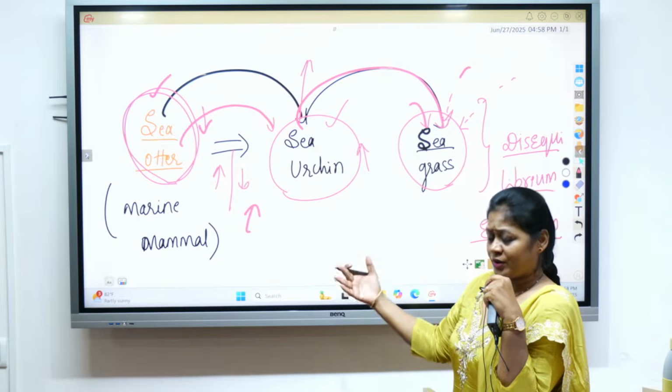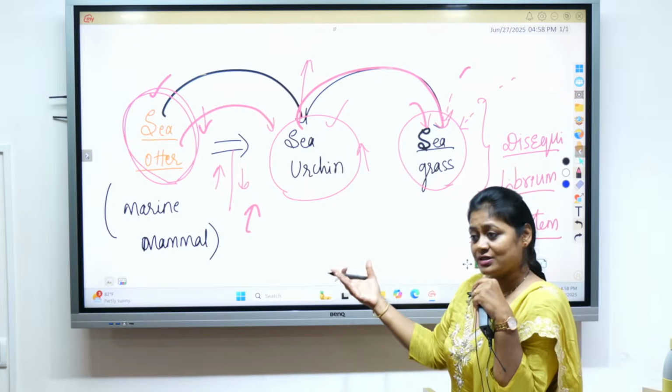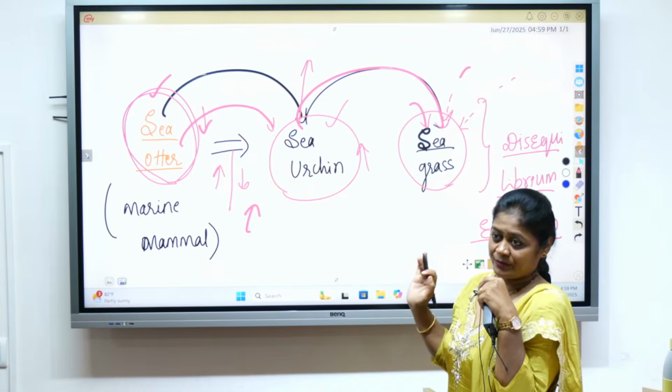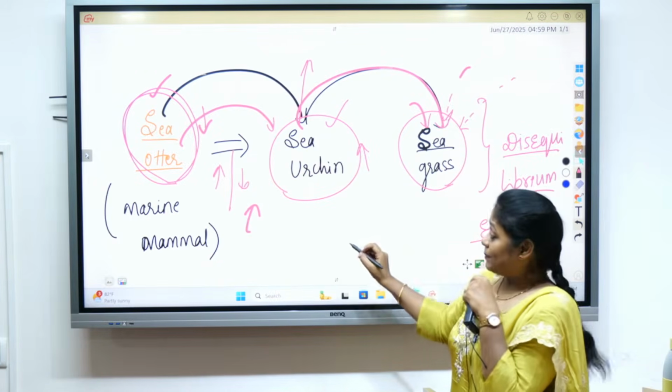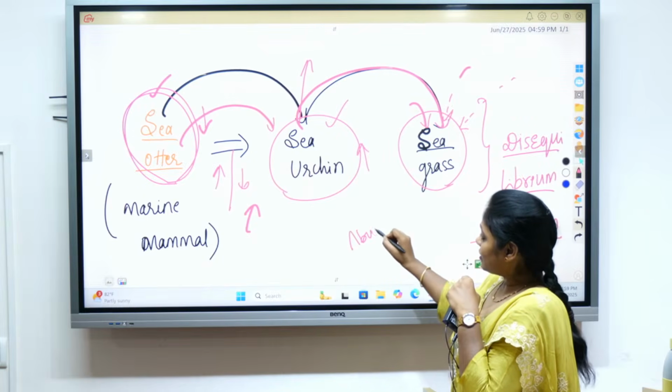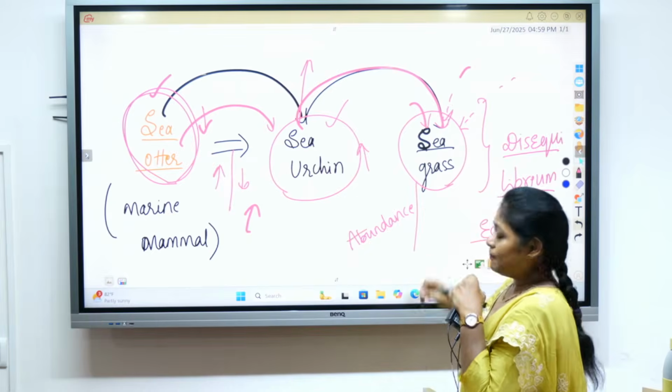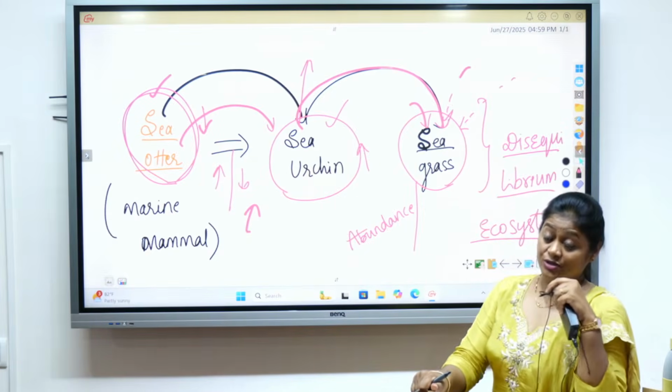But that should not be excessive, so other marine organisms should be kept in check. Its abundance, decline, or addition will have an impact. Then they are called keystone species.